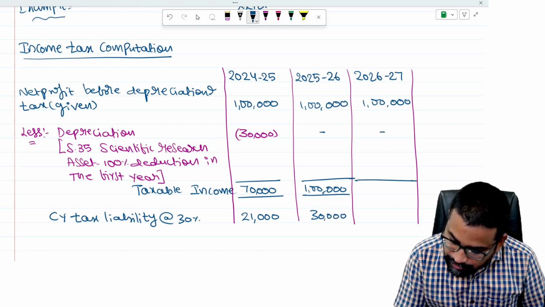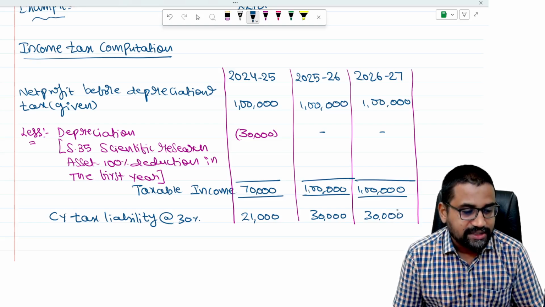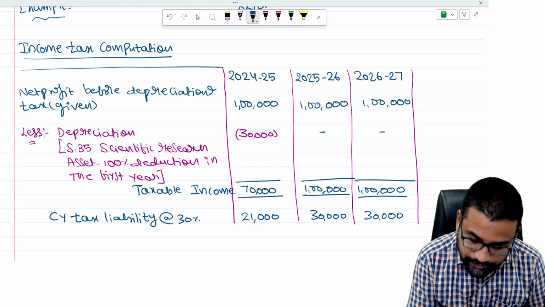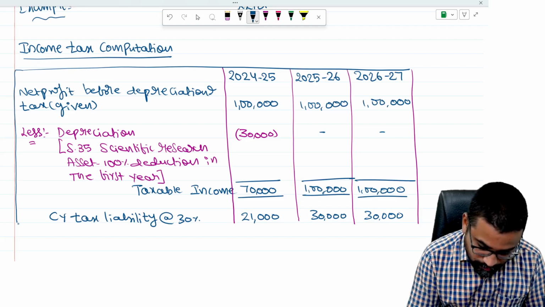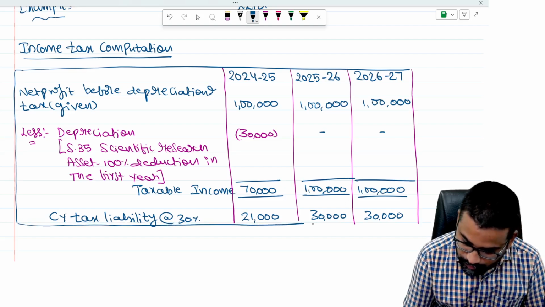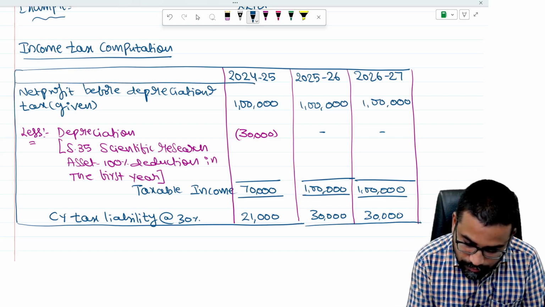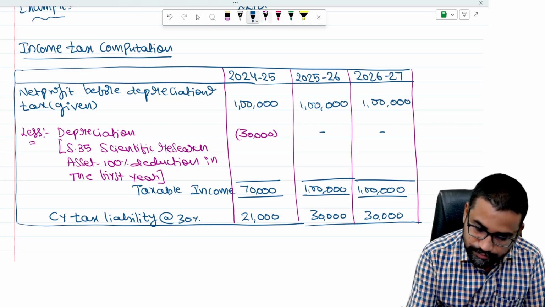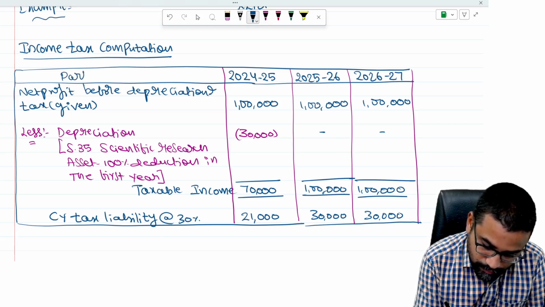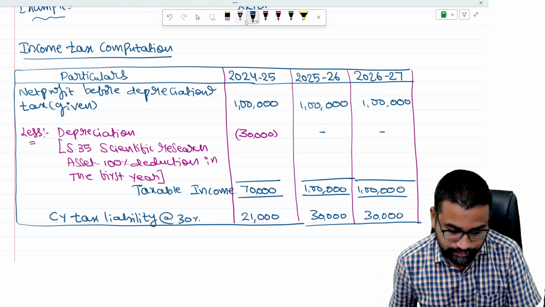Third year also the same, 30,000. So this is the Income Tax Act position.